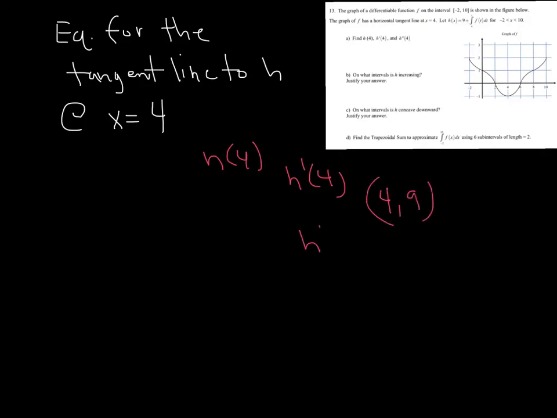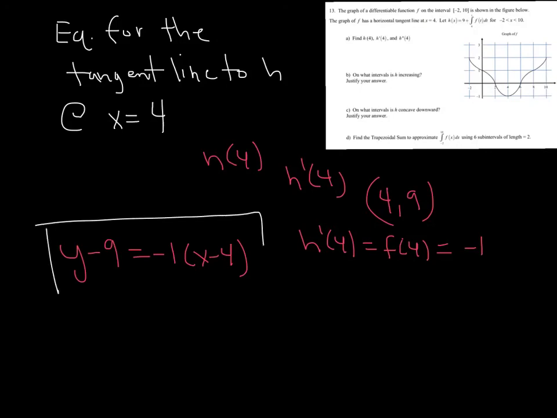And h prime of 4 was equal to f of 4, which was negative 1. So we can use our point slope form, so it's going to be y minus 9 is equal to the slope negative 1 times x minus 4. And we can leave it in point slope form, and that should be good enough.